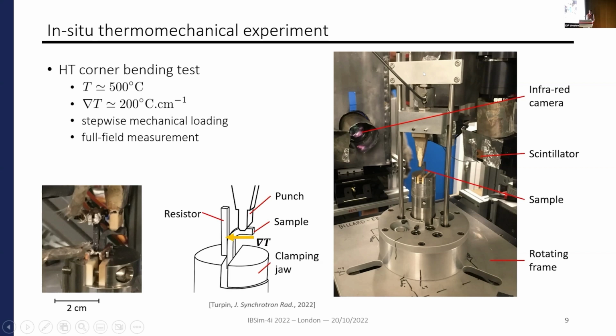And we chose to design the loading device with a rotating gantry. So you can see here the steel column rotates during the tomographic acquisition, so that there are no windows between the infrared camera and the sample, and we are able to measure the temperature field. But it creates some problems on tomography.